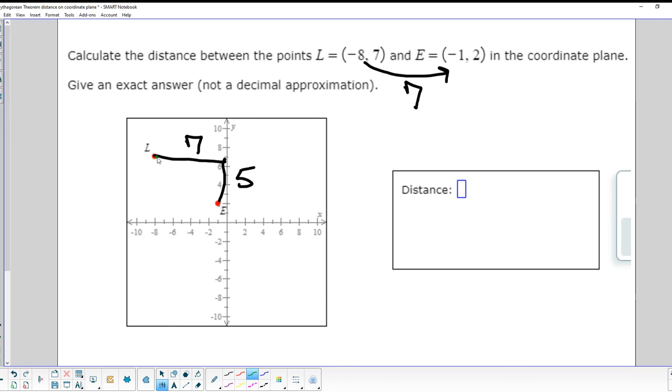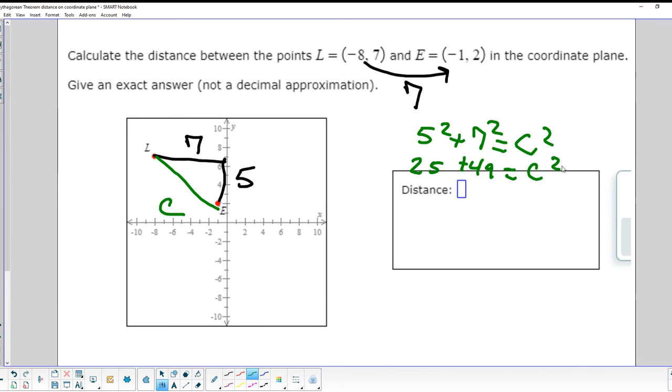So now all we have to do is find the diagonal, which is C. And now we can use our formula. A squared plus B squared equals C squared. A squared is 25. B squared is 49. And all of that gives us C squared.